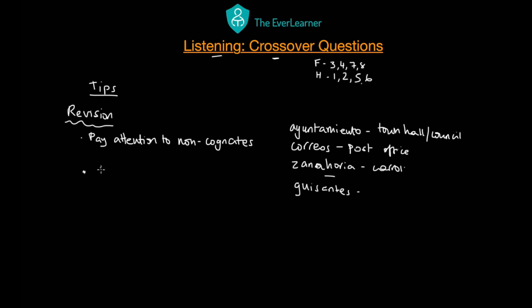The other tip I would give you is to revise general vocabulary. I know that sometimes students make the mistake of revising only topic vocabulary. Do revise the topic vocabulary, of course, you want to know all the vocabulary related to each topic, but there's no point knowing the word for, I don't know, sports center if you don't understand general words.